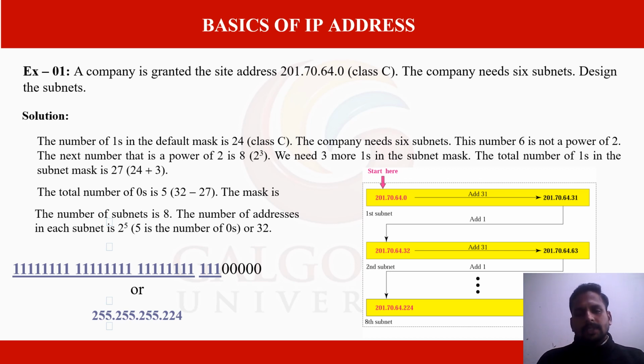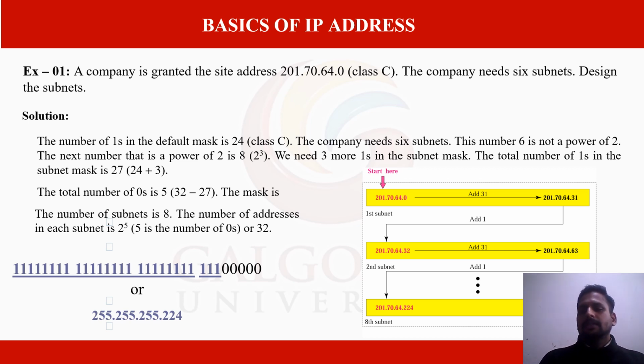So you see the company needs 6 subnets. This number is 6, and 6 is not a power of 2. So I told you, right? If any number gives the subnet value in the power of 2, then we can keep that number for calculating the subnet mask. Now 2 power 1 is giving 2, 2 power 2 is giving 4, and 2 power 3 is giving 8.